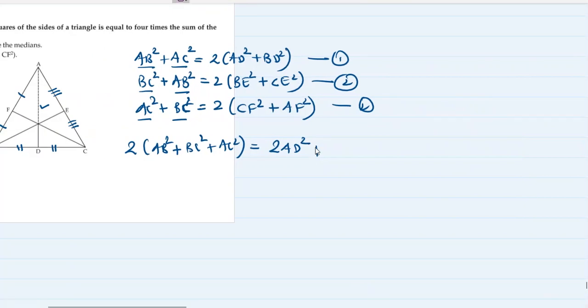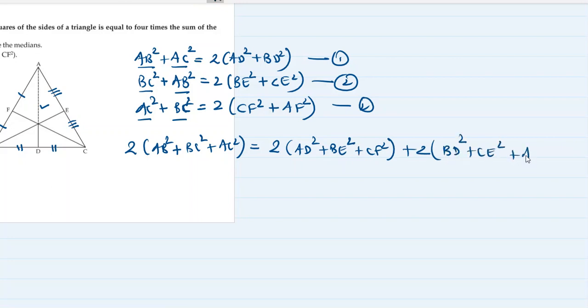I'm going to write it this way: 2 bracket AD square plus BE square plus CF square plus 2 bracket BD square plus CE square plus AF square.